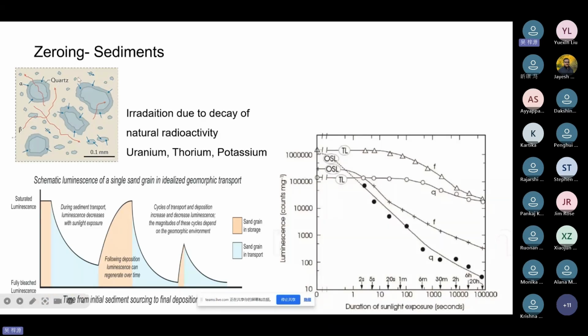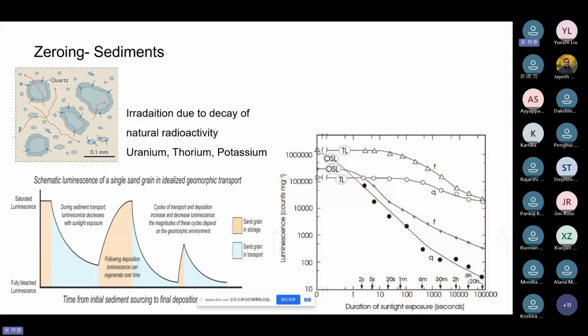This has its own implications, and that will be seen later on. Now, the most important part, which we use TL and OSL for, is to date sediments. They rely on the fact that sediments, when exposed to light, lose their luminescence very quickly. And in the case of OSL, in a few seconds, you lose all the signal.